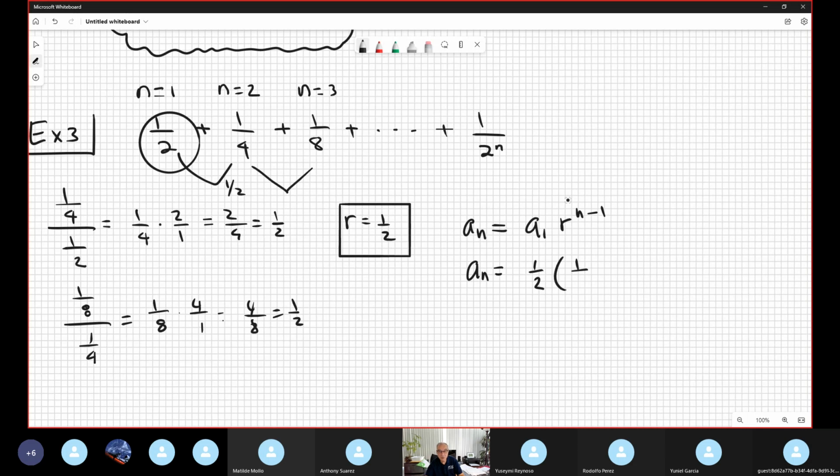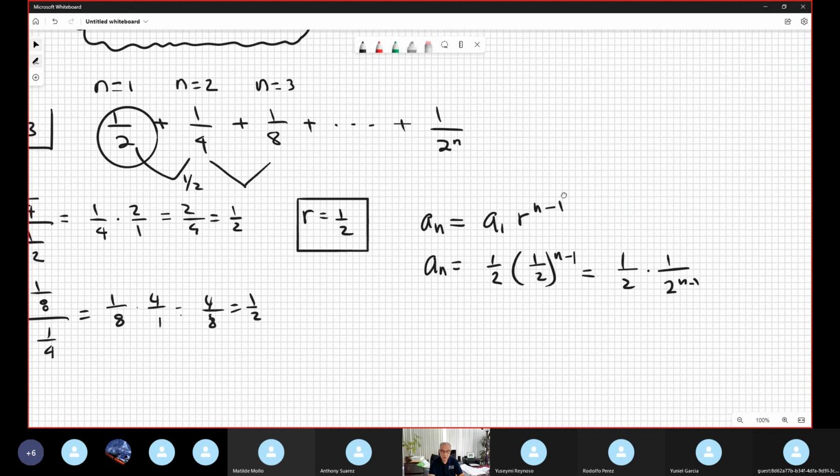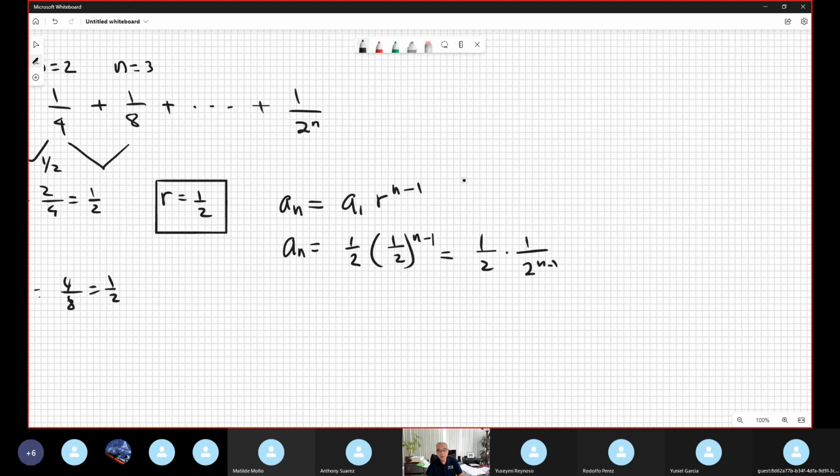The common ratio is 1/2, raised to the n minus 1. That's it. Much better: it's 1/2 times 1 over 2 to the n minus 1. Because you raise 1 to the n power, it's 1, and when you multiply this and this, you get 1 over 2 to the n, exactly as we predicted using intuition.